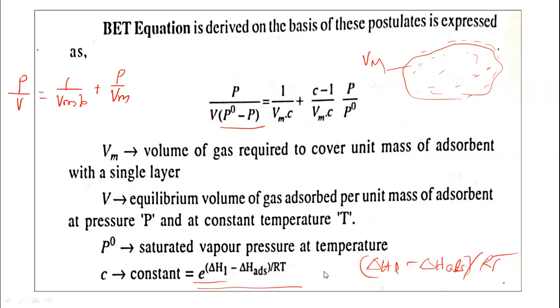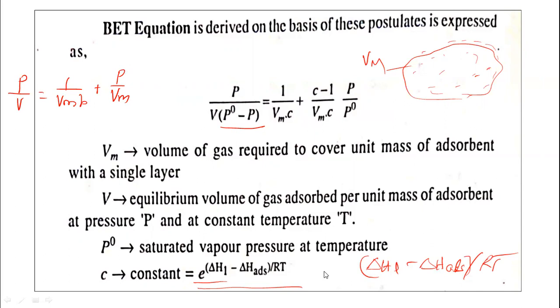So this is the BET equation: P upon V into (P0 minus V) is equal to 1 upon Vm into C, plus (C minus 1) upon Vm into C, into P upon P0. And the meaning of each and every term is given here. So what is the difference between V and Vm? V is the equilibrium volume of the gas adsorbed per unit mass of the adsorbent.